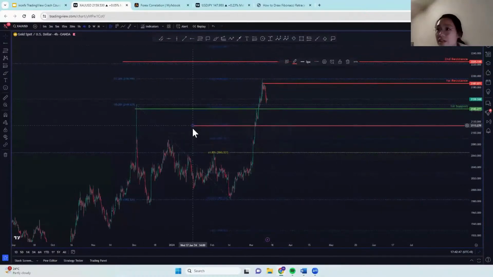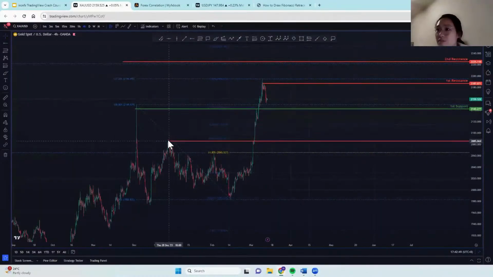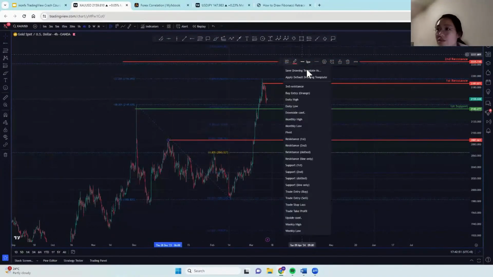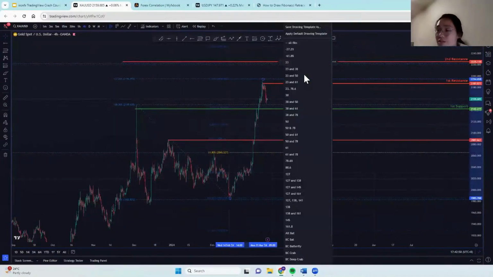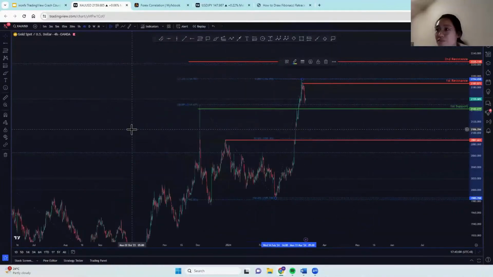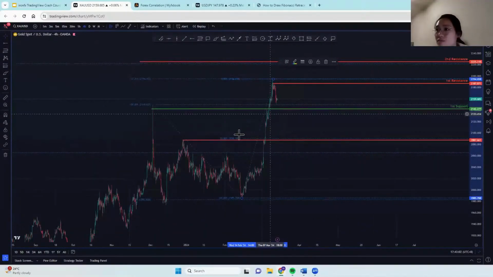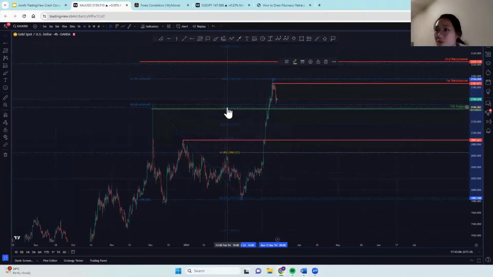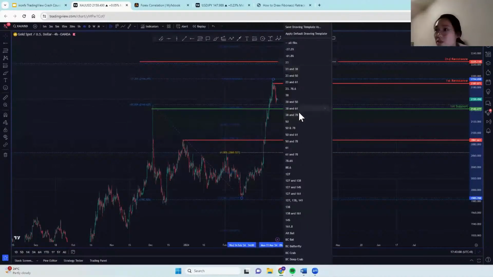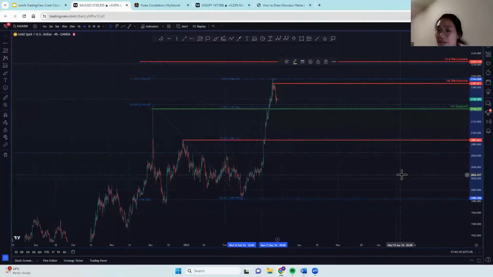Okay, and I'm gonna add another level here at this 50% level that's also in line with this swing high here. Okay, my 23.6 also lines up. So I'm just going to keep my 23.6 and 50%.